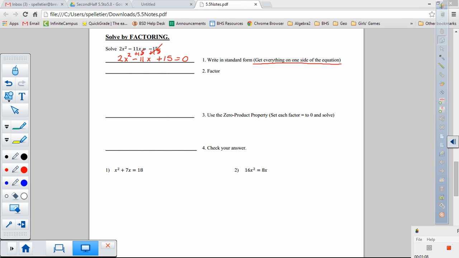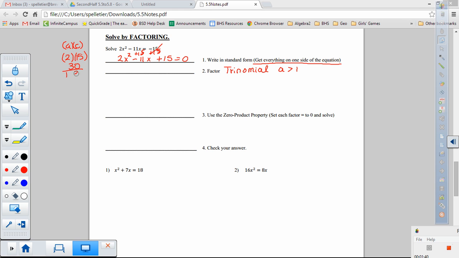This is an example of factoring a trinomial, since there are 3 terms. And this particular trinomial has a greater than 1, so we're going to have to use a little bit of a longer process. We have to do 2 times 15, that's a times c, remember from your notes before. 2 times 15 is 30.